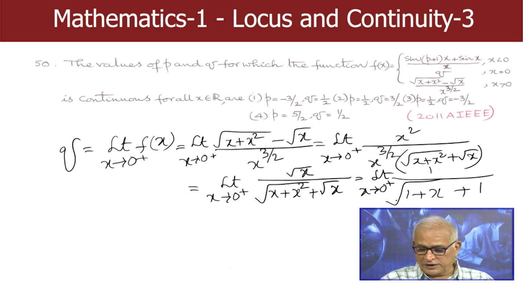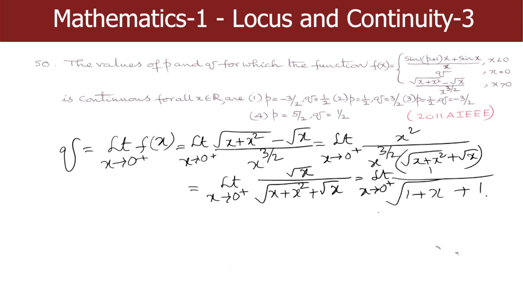As x tends to 0, this particular term has the limit 1. This is 1, 1 plus 1, 2. So, this is 1 by 2. So q must be equal to 1/2.